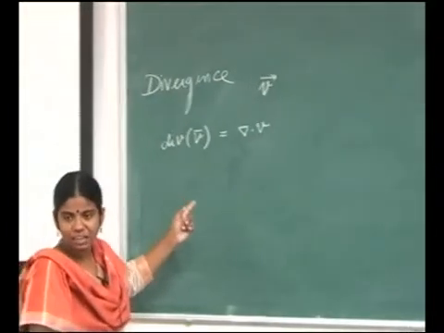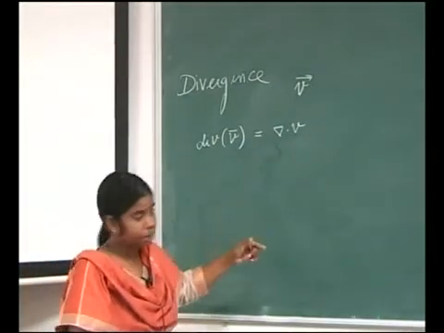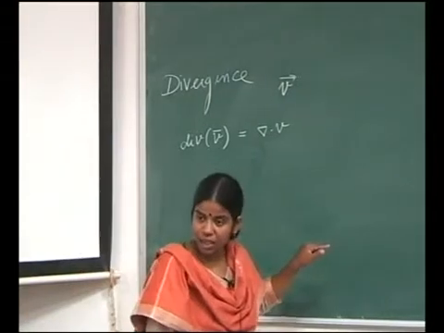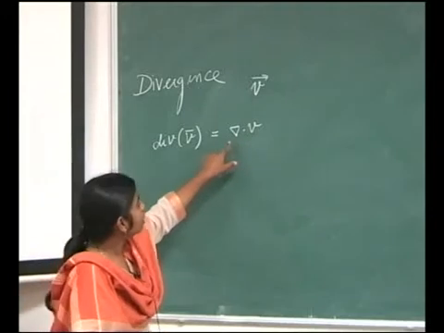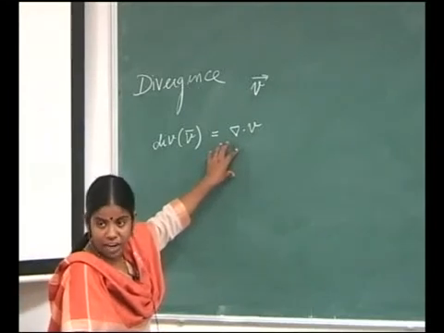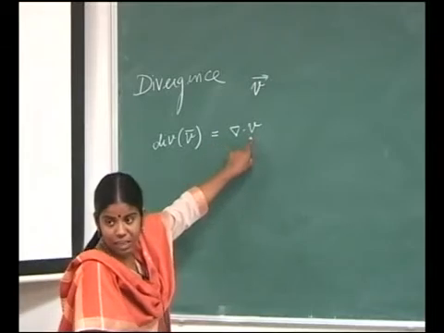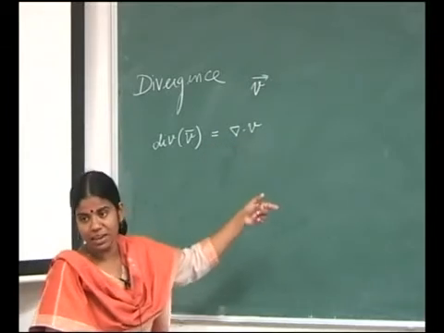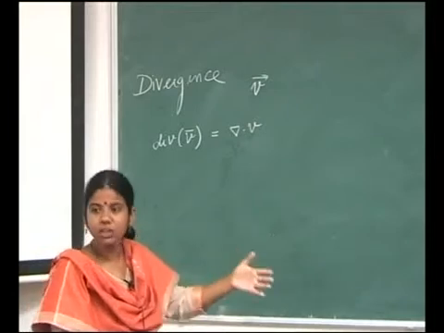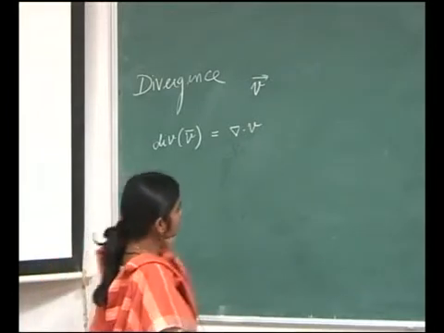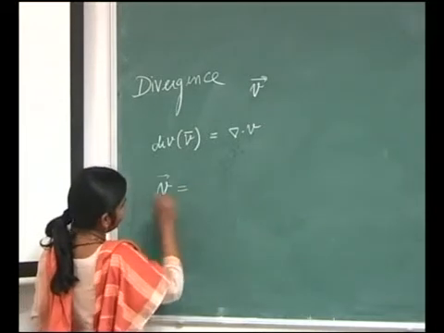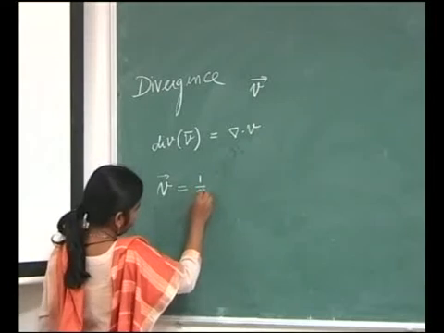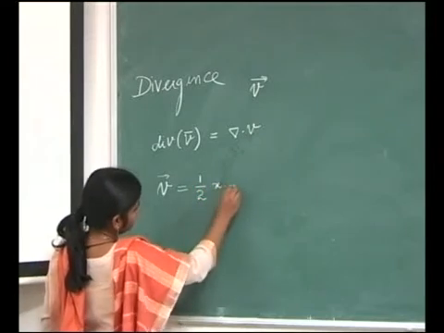Similarly, for divergence, because I know del is represented as del by del x i, del by del y j and del by del z k, this dot product is going to give me the magnitude of the rate of change of a given vector v along x, y and z direction. So, it should be along the direction of motion. Suppose I take an example where this vector v is equal to 1 by 2 x i.